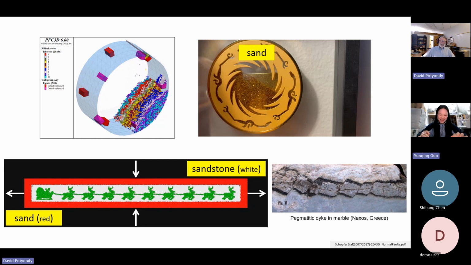That's correct. Now, the properties of this bonding are different. For the red, it's just a granular material. There is no cementation, so there's no bonding. That's like this stuff.